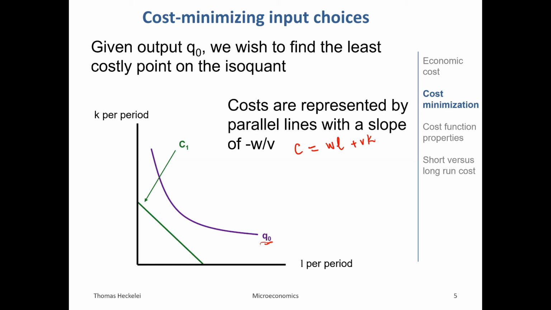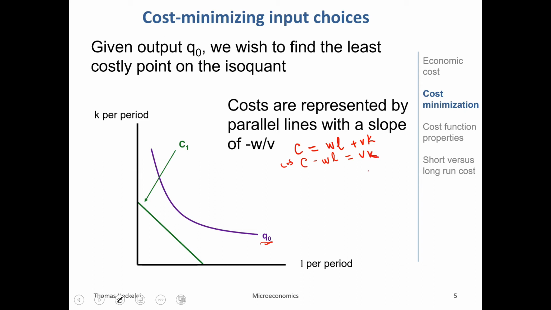So here, the cost line equation, which we solve for K as a function of L. For that, we have C minus WL equals VK, right?